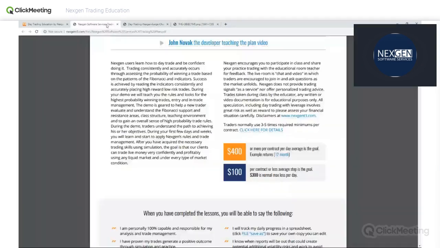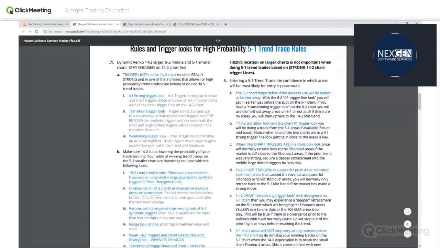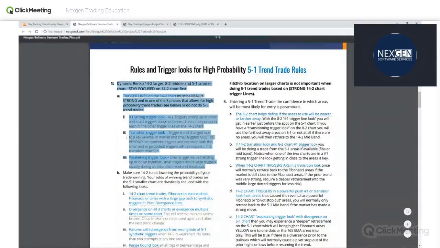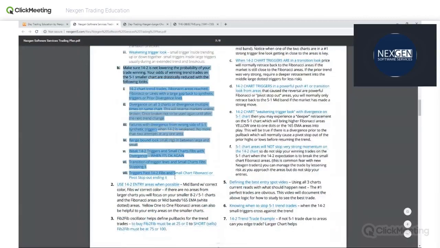So again, just to recap, for high probability 5-1 trend trades, we want to make sure, number one, that we have the correct 14-2 trigger line look. We want to make sure that we don't have a configuration that hurts our 5-1 trend trade.